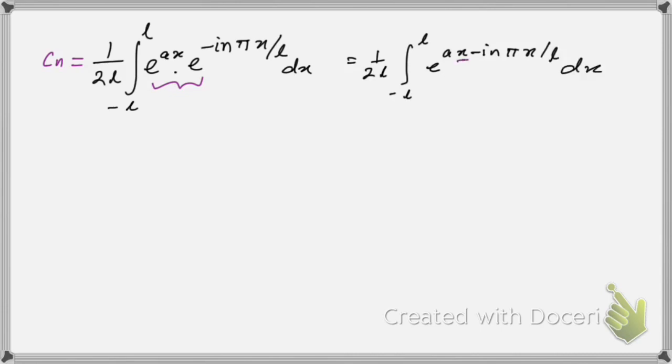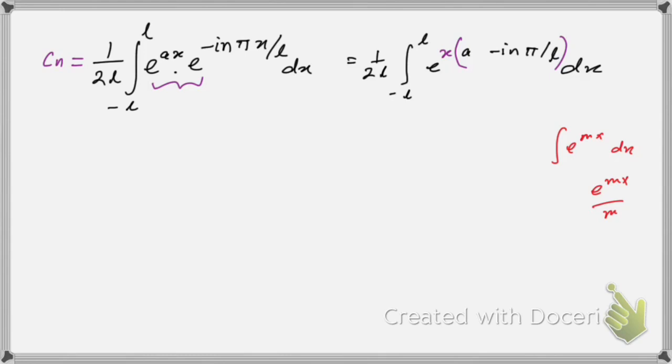From here this x can be taken common. On taking x common, we're going to get this result, right? Now apply this formula: the integral of e to the power mx dx is e to the power mx by m.